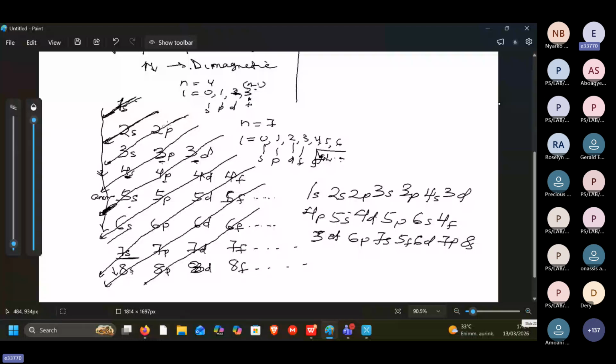But you see, these are energy level 1, energy level 2, energy level 3, energy level 4, energy level 5, energy level 6, energy level 7, energy level 8.